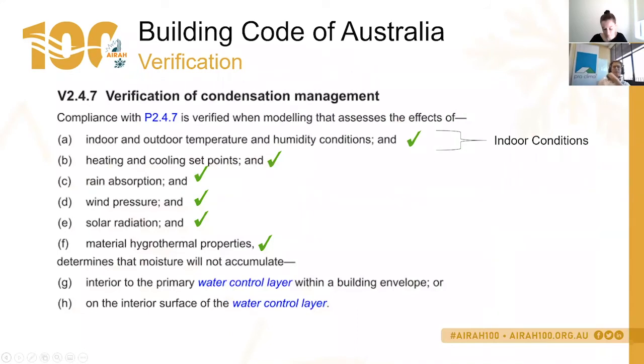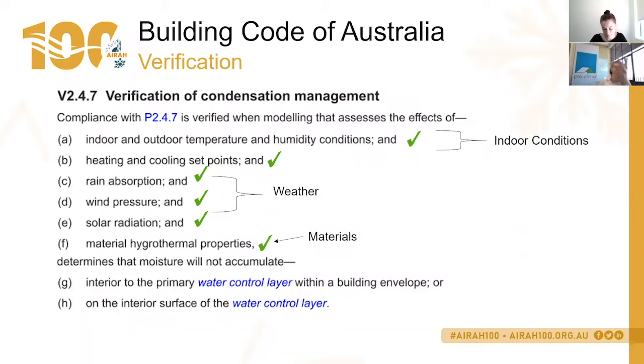Thank you. So the new verification of condensation management in the building code is the other way to comply. Rather than just using vapor permeable membranes on the outside of the insulation systems, you can comply with the condensation requirements by using software or modeling systems that assess the effects of indoor and outdoor temperature and humidity. That includes what the mechanical engineers care about in terms of comfort conditions inside the building, the heating and cooling set points on your HVAC, rain absorption, wind pressure, solar radiation, and material hygrothermal properties.